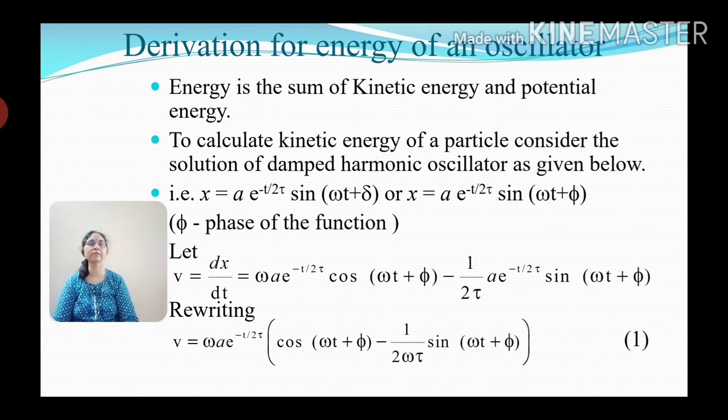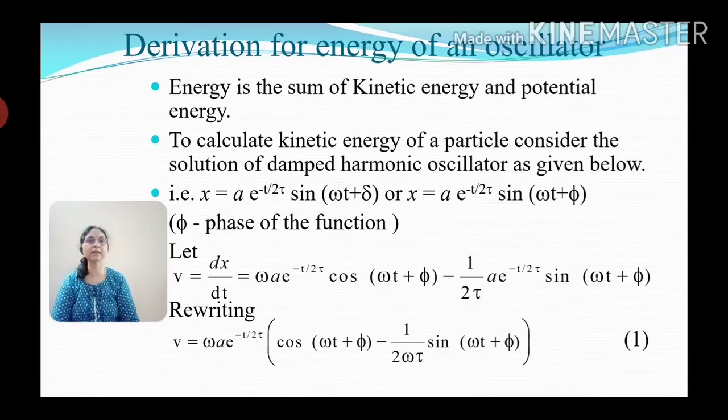Therefore, we will have the differentiation as u v dash plus v u dash. We first differentiate the sine function, so we get the first term as omega a e raised to minus t upon twice tau cos(omega t plus phi), minus 1 upon twice tau a e raised to minus t upon twice tau sin(omega t plus phi). Clear?